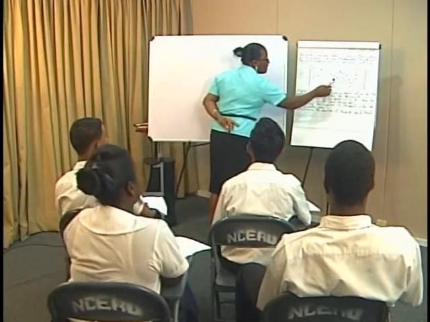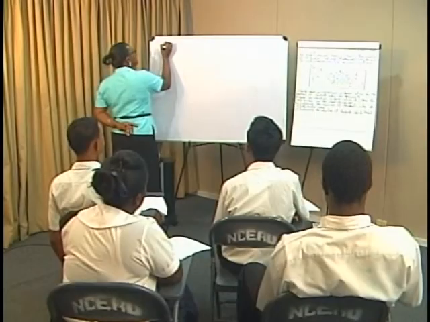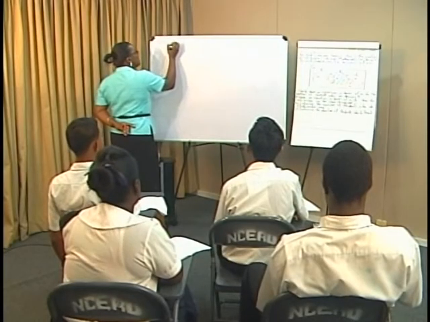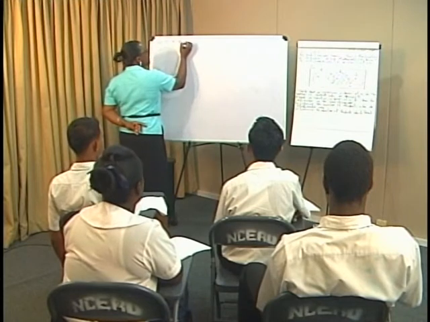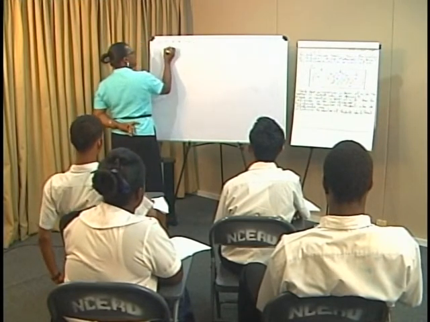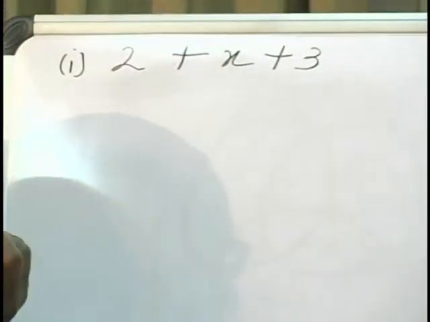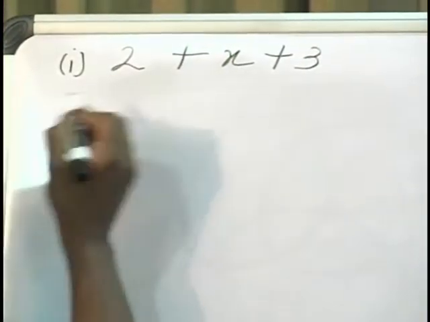the first piece here, added to the second piece, added to the third piece would make up accounts. So what's in the first piece? 2 plus x plus 3. And we can simplify it to? What can we simplify this to? Not 5x. 5 plus x. Thank you, very good. 5 plus x.